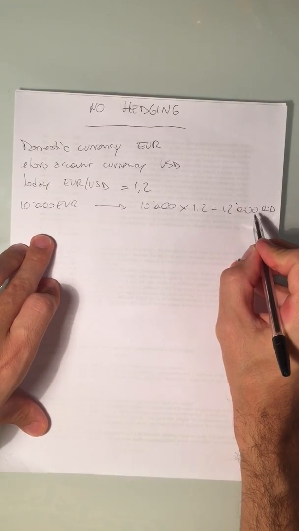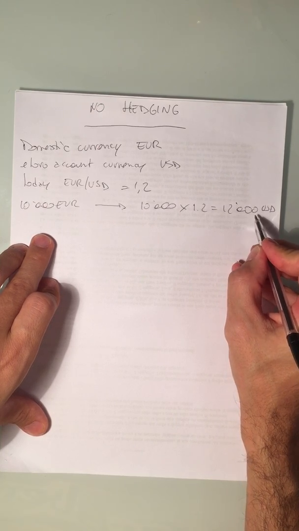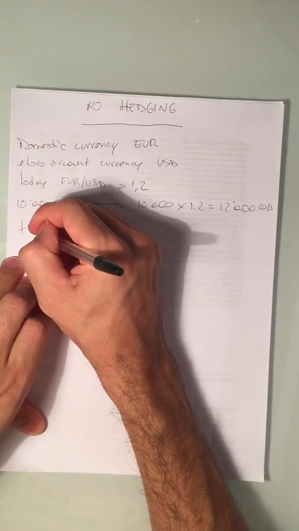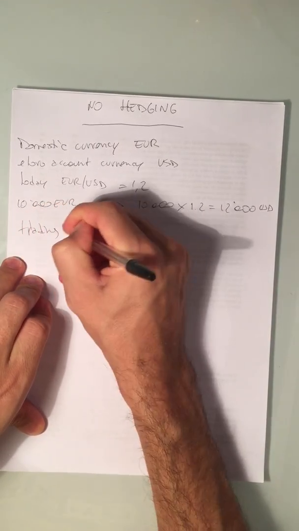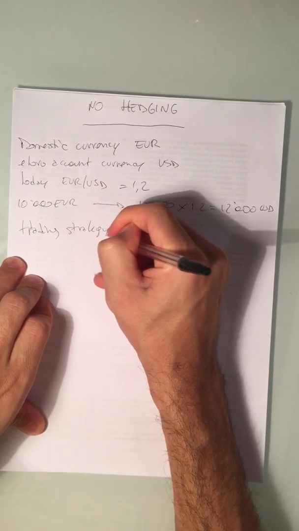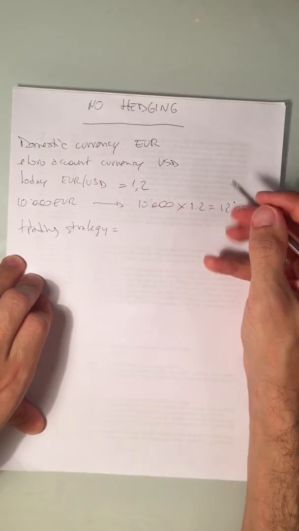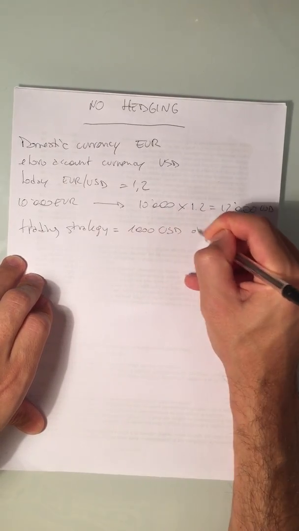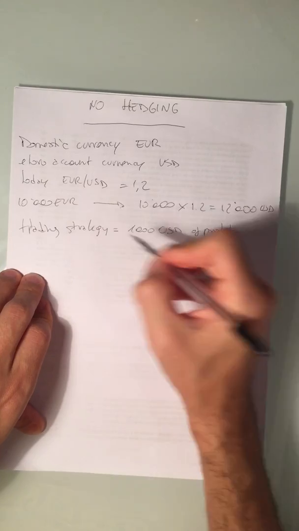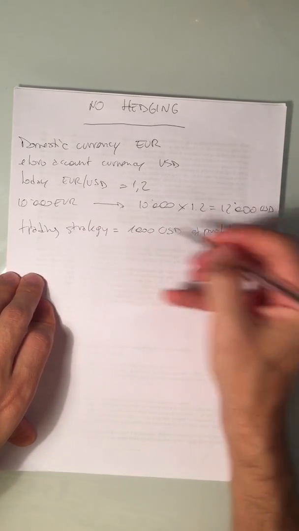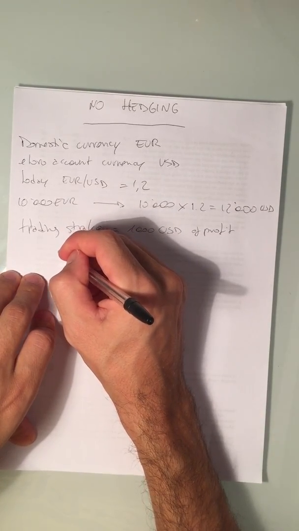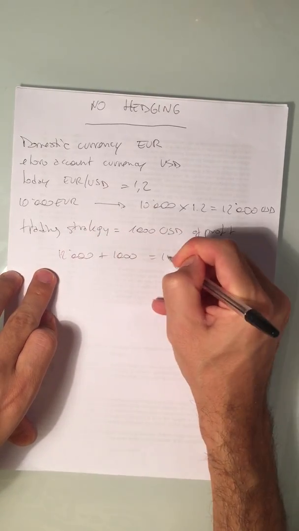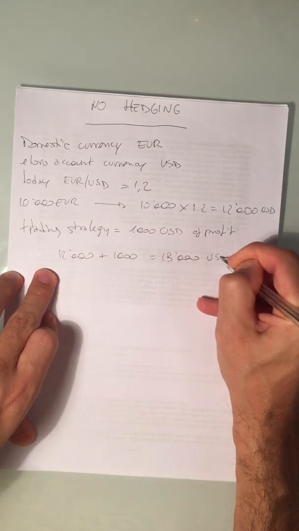So now on my eToro account, I have $12,000. So I apply my trading strategy, and after, I don't know, 2 months, 1 year, etc., I gain 1,000 US dollar of profit linked to my trading strategy. So I have now on eToro account 12 plus 1, so I have 13,000 US dollar.